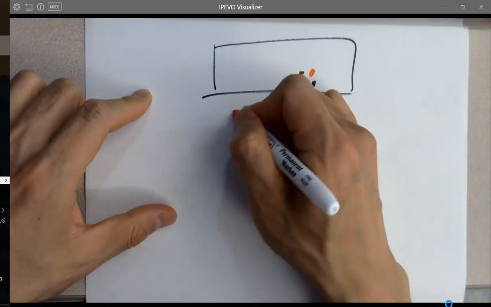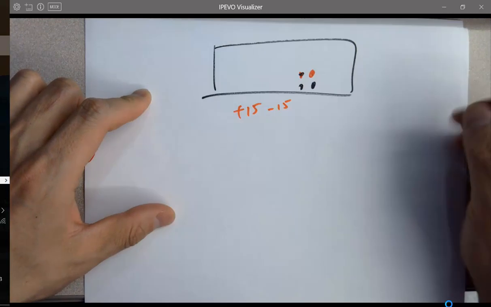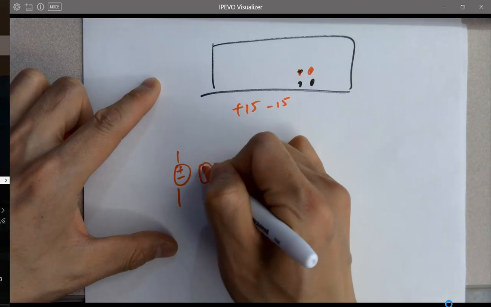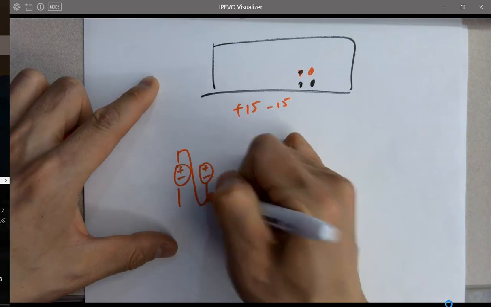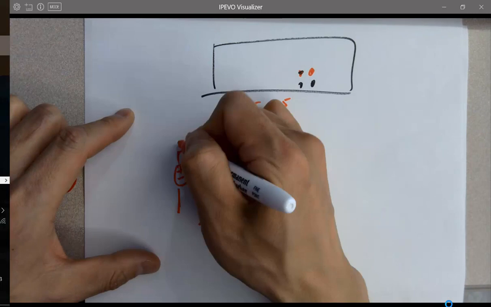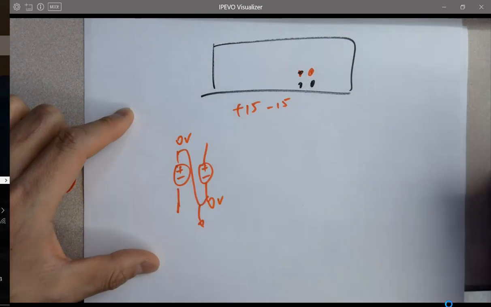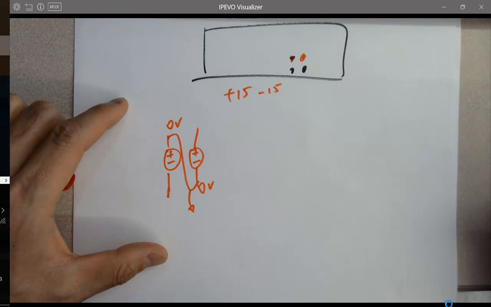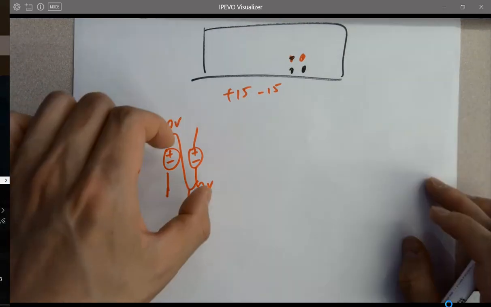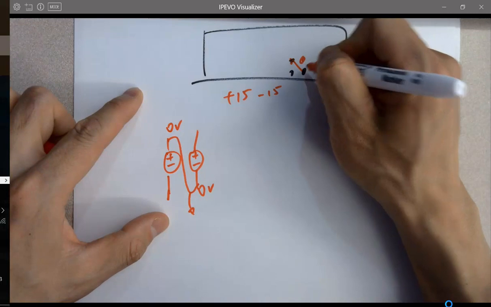If it requires plus 15 and minus 15, and you have two batteries, you ground these two, because this 0 volts is given, right? You ground it to the common ground of the circuit. So it's going to be 0 volts. Keep in mind, 0 volts, 0 volts, 0 volts. If you short these two and ground it.